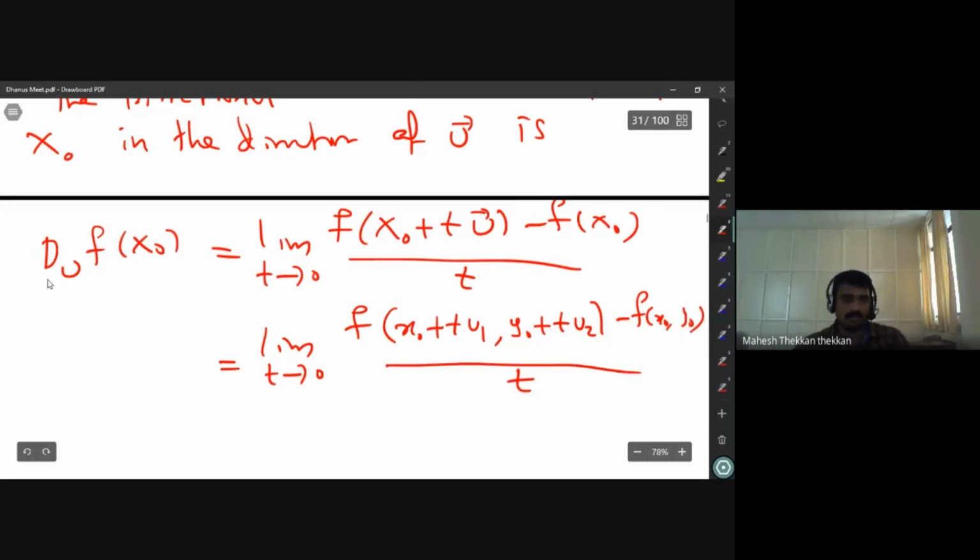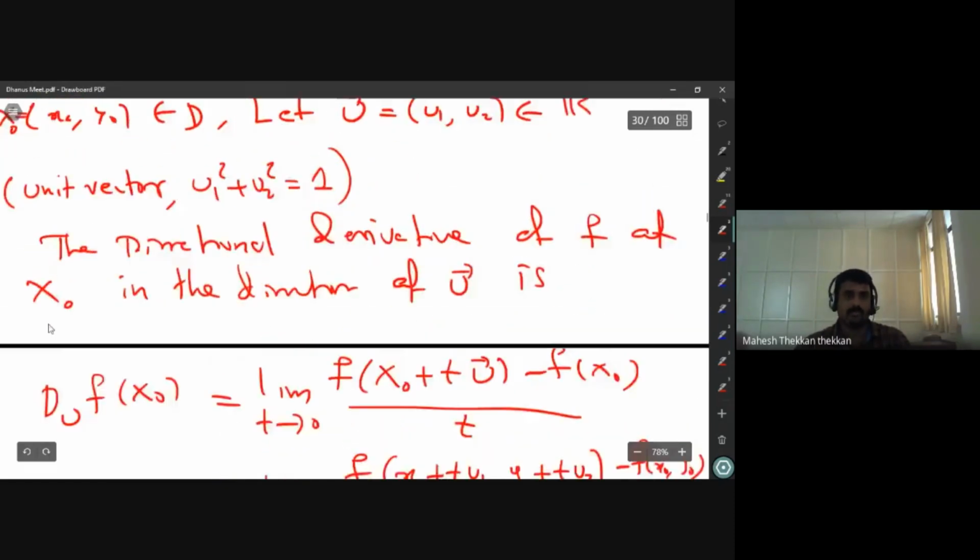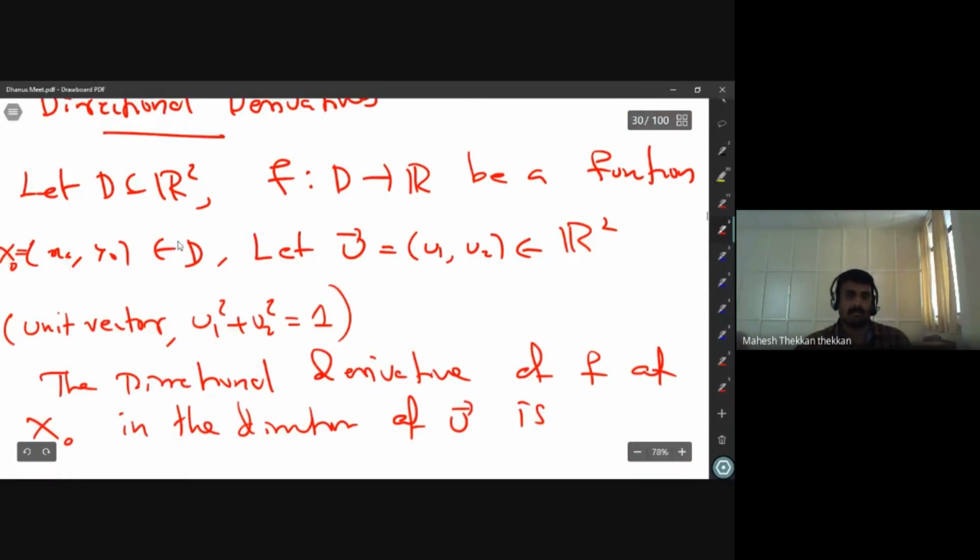This is the definition of the directional derivative of f in the direction of u. u is any unit vector in R2, f is from D to R, D is a subset of R2, and x0 is a point in D. I am looking at the directional derivative at the point X0 in the direction of u.